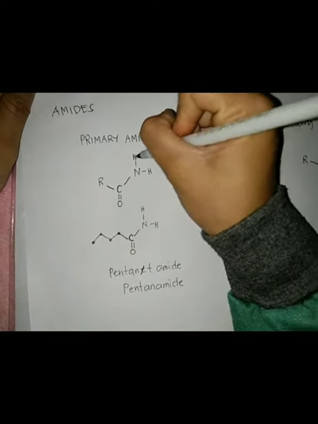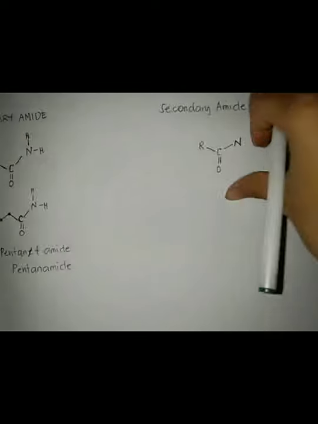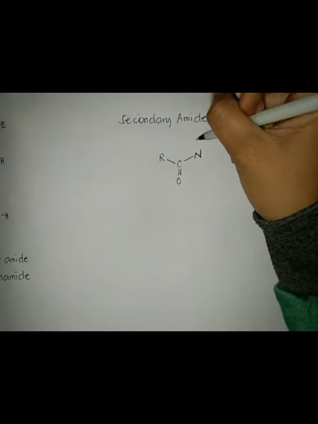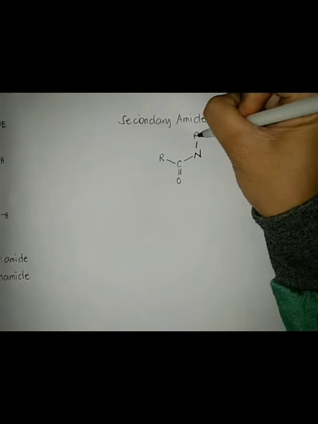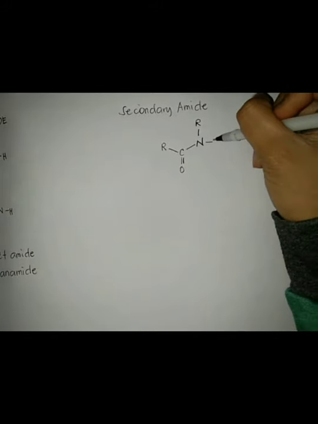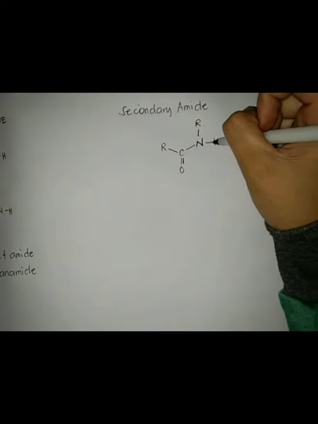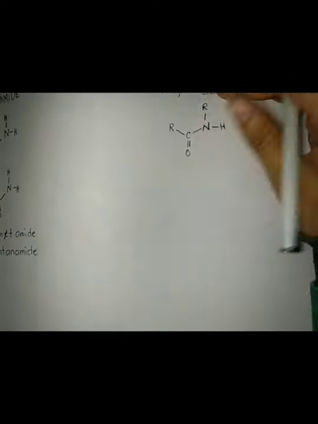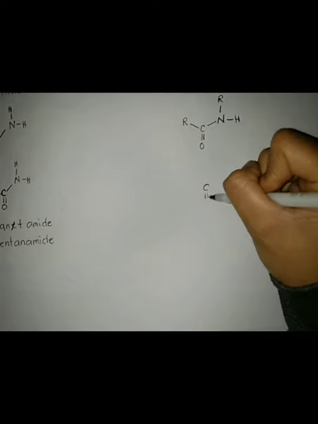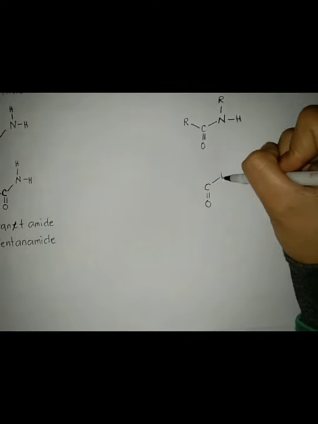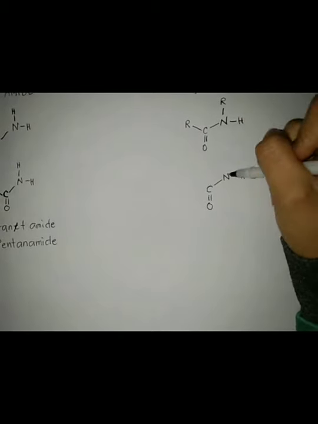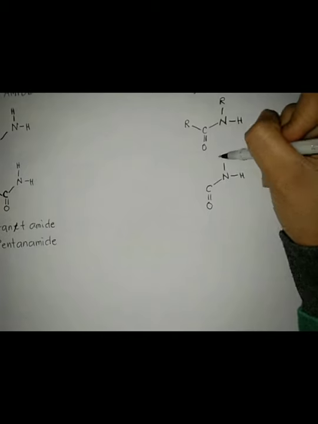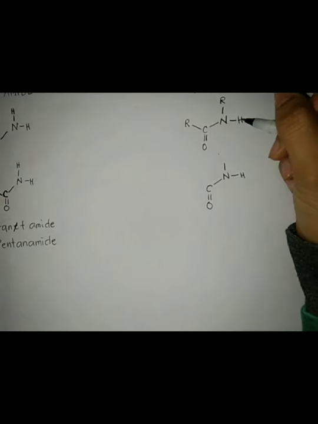As we can see here, our nitrogen is bonded to one R group and also bonded to one hydrogen. For example, I will show you an example of a secondary amide. Our carbon is double bonded to oxygen, also bonded to nitrogen, and our nitrogen is bonded to hydrogen. Our nitrogen is bonded to an R group.